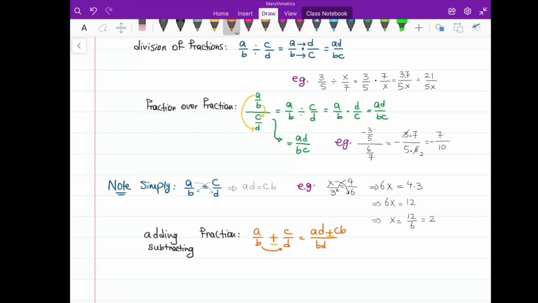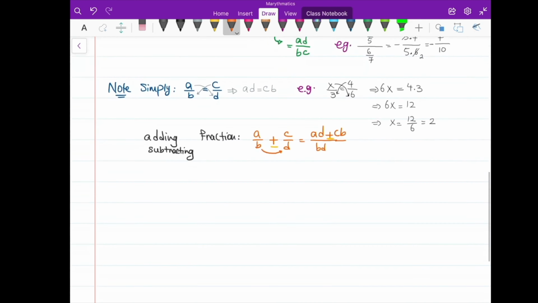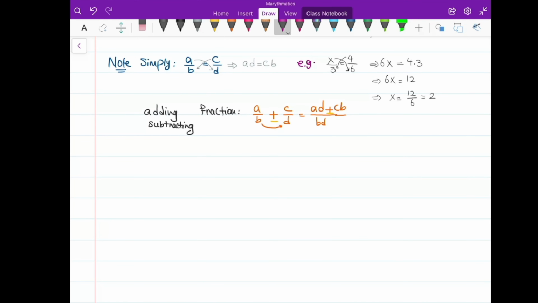Okay, let's do one example and see how it works. For example, we have 3 over 7 minus 4 over 5. What I need to do is multiply the denominators and put it as the common denominator. So it would be 7 times 5, okay?